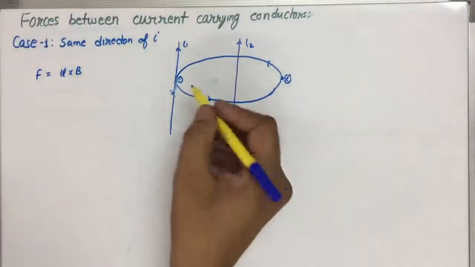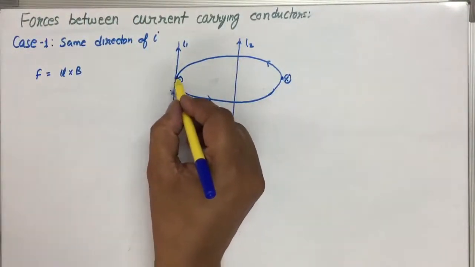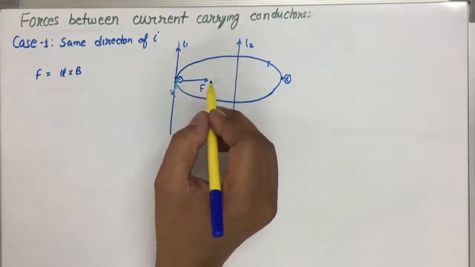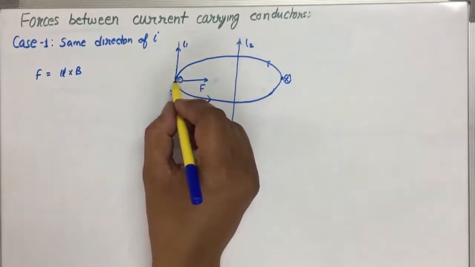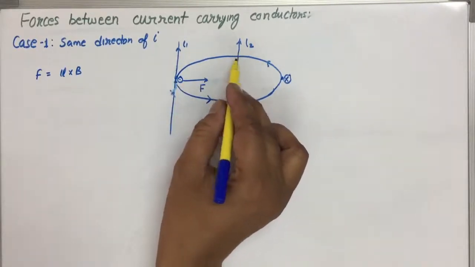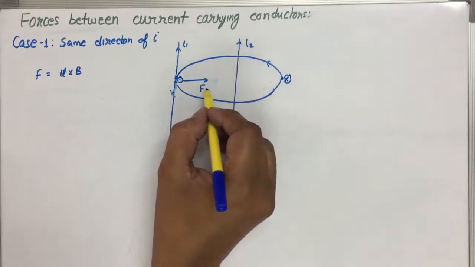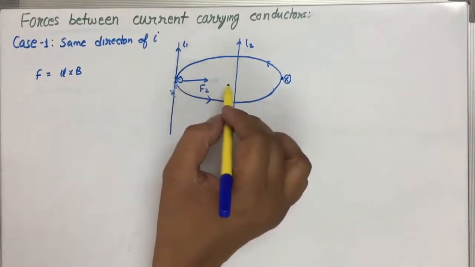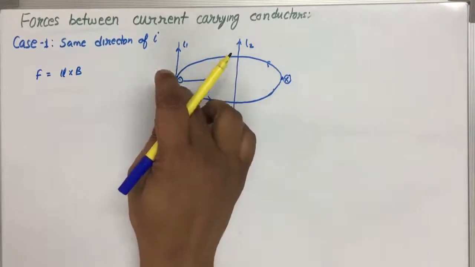So from there we will find that the force at this element will be in this direction. Okay, so at this element the force from current carrying conductor 2, that is carrying current I2, will be F2 in this direction. Hope it is okay.